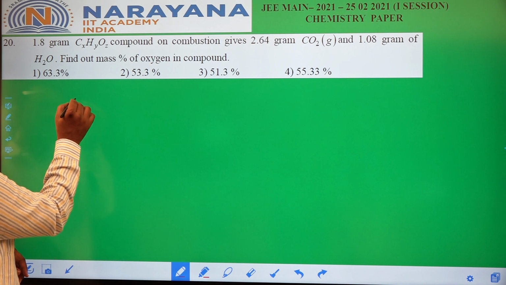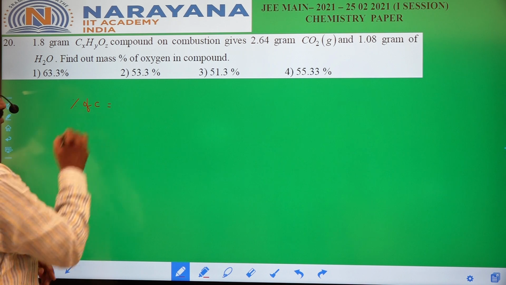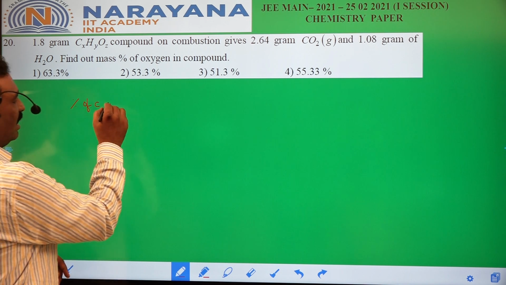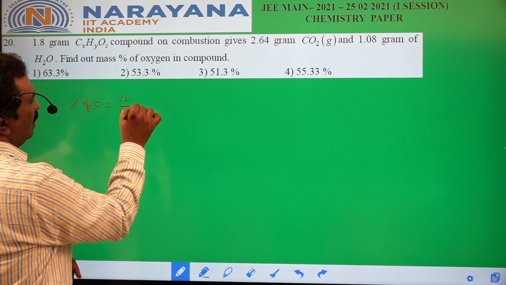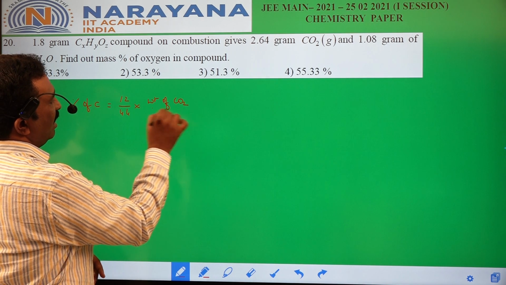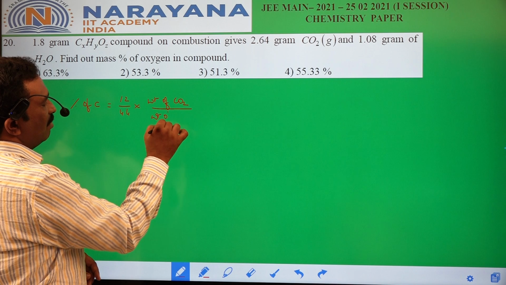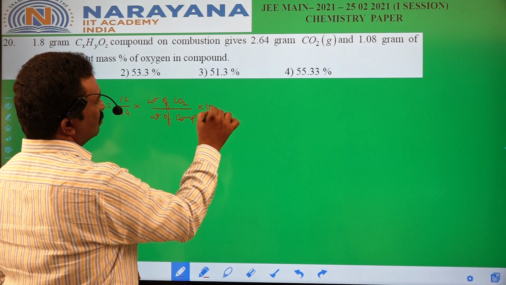We know the percentage of carbon from Liebig's method. We can calculate the percentage of carbon as 12 by 44 into weight of CO2 by weight of organic compound taken into 100.